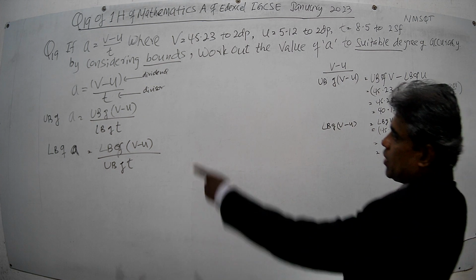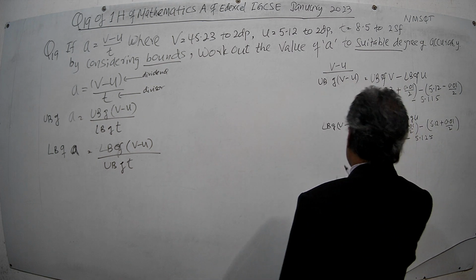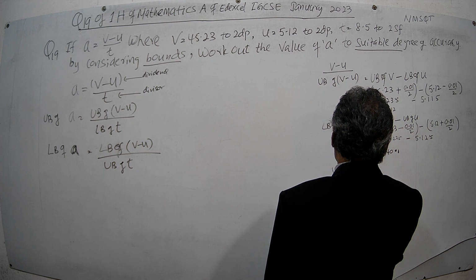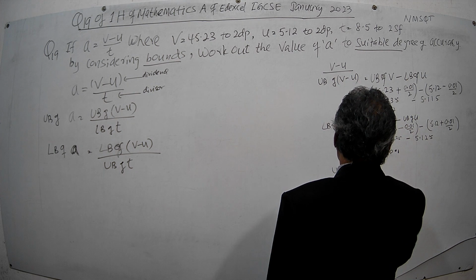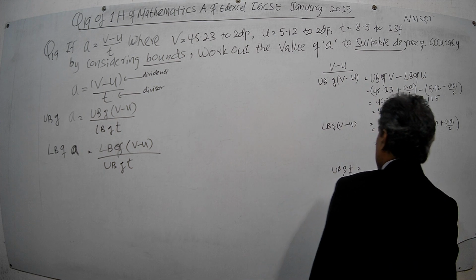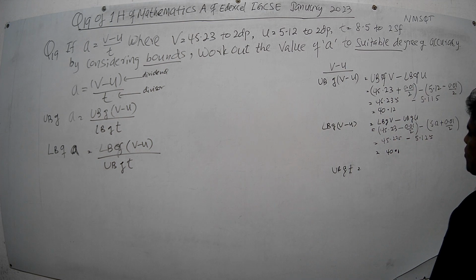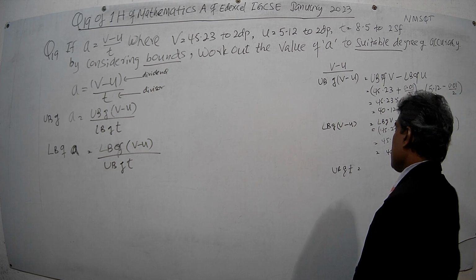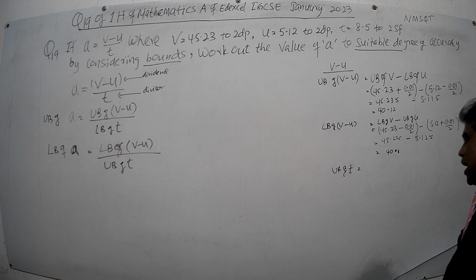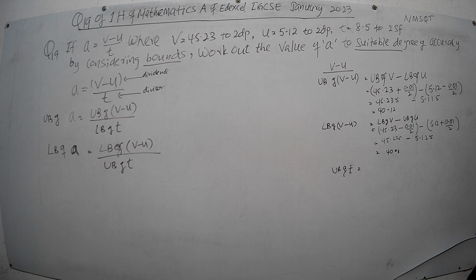Now we have to find the upper bound of T. Upper bound of T is the upper bound of a single corrected value, so the general formula can be applied: upper bound equals corrected value plus degree of accuracy over 2.